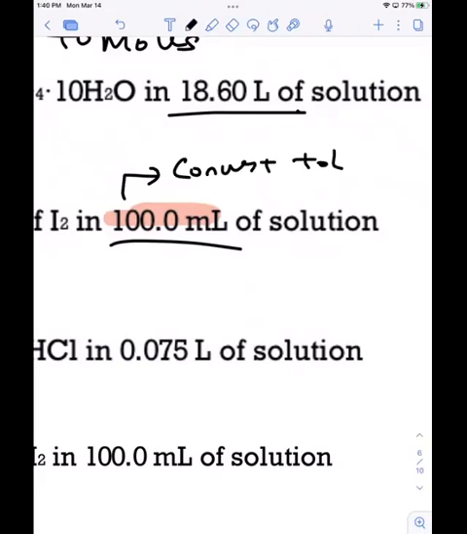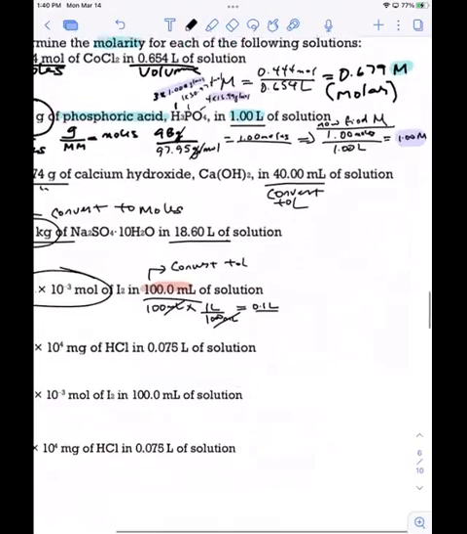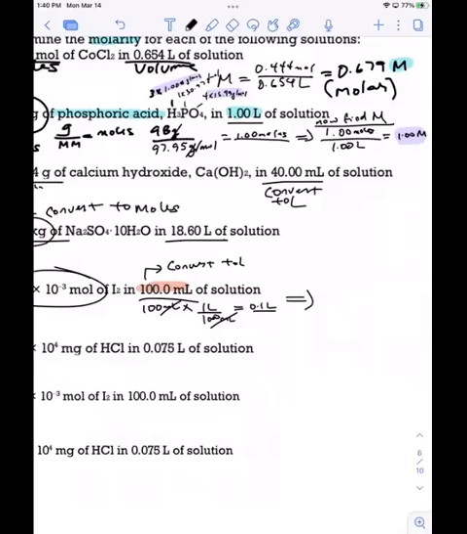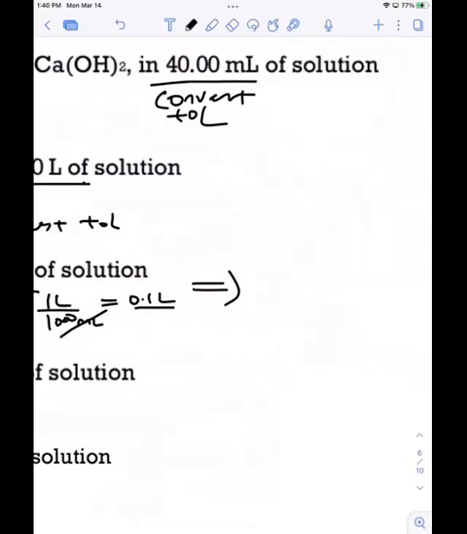And the way we do that is we take the 100 milliliters. We multiply it by a conversion factor, 1 liter over 1,000 milliliters, right? So milliliters will cancel and we're left with 0.1 liter. We know the moles. So now it's just all academic. Put the numbers in the equation and call it a day. So we're going to say 7.0 times 10 to the minus 3 moles divided by 0.1 liters.